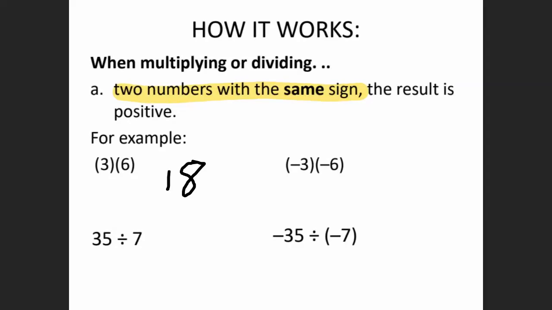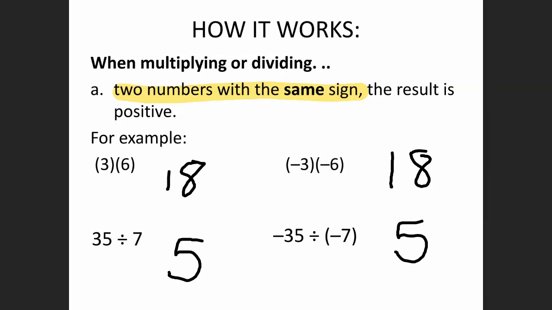But when I do a -3 and a -6, I still get a +18. When I do 35 divided by 7, they're both positive, my answer's 5. Again, -35 divided by a -7 is still going to give me a +5. Nothing's changed, okay?